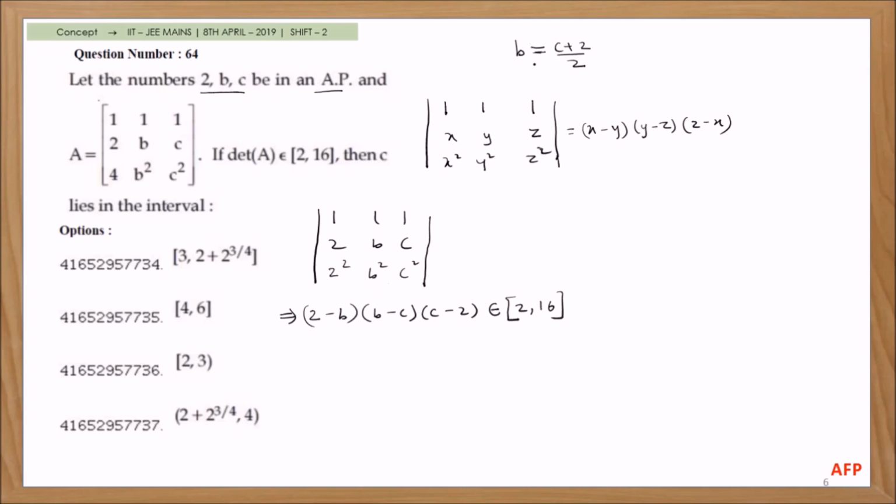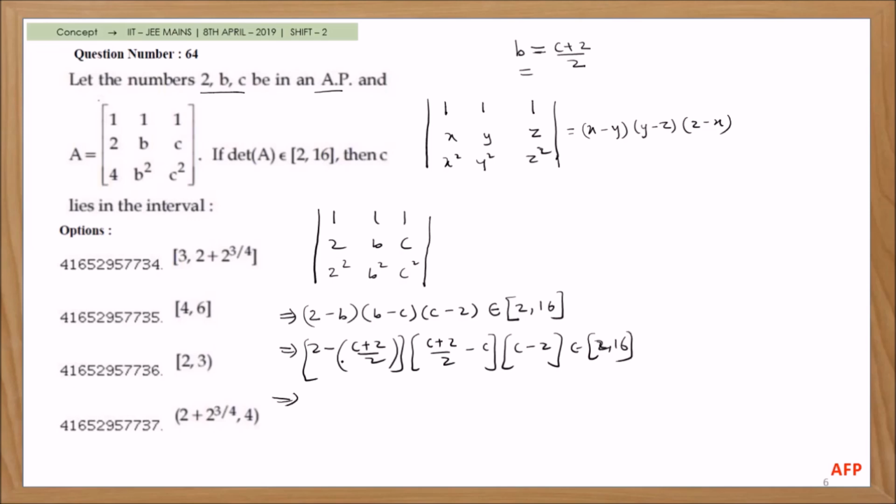So now we know the b value from here. We will substitute it: 2 minus (c plus 2) divided by 2, and (c plus 2) divided by 2 minus c, and c minus 2, belongs to [2, 16].